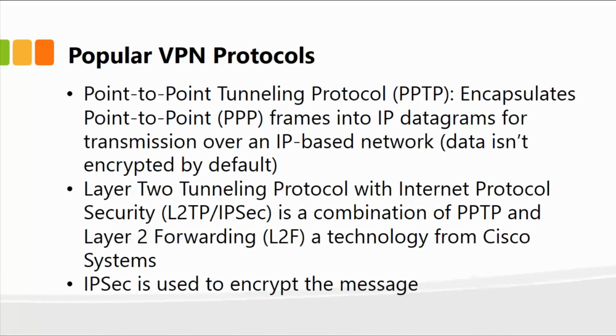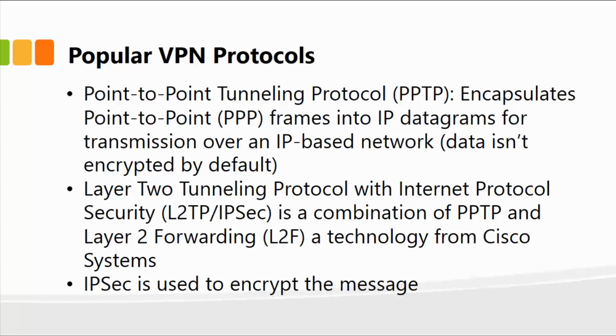Some of the popular VPN protocols is the point-to-point tunneling protocol, also known as the PPTP. It basically encapsulates the data frames, point-to-point, into the IP datagrams for transmission over an IP-based network. Data, by the way, isn't encrypted by default.